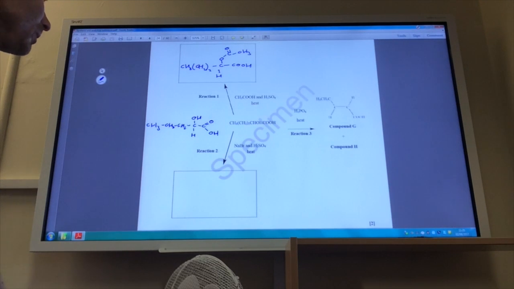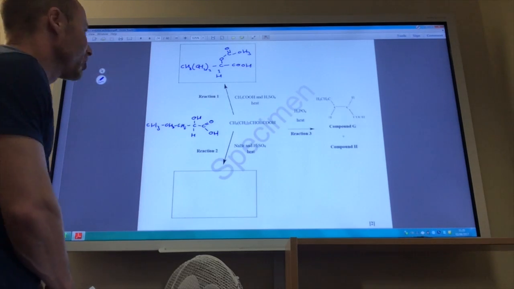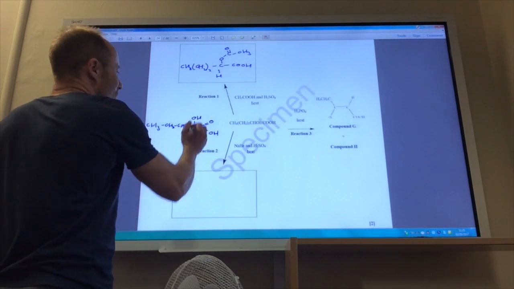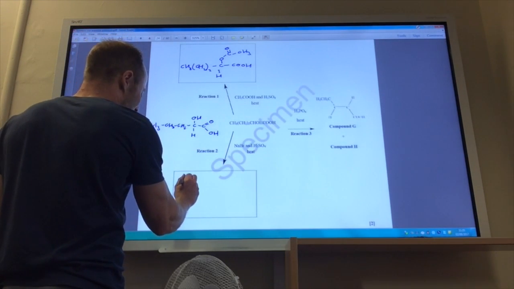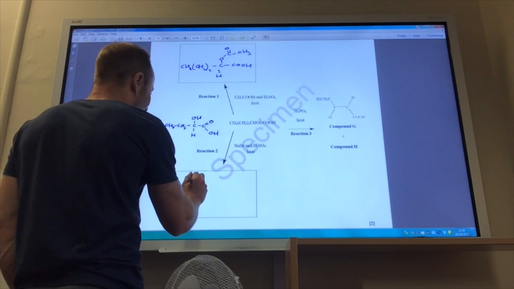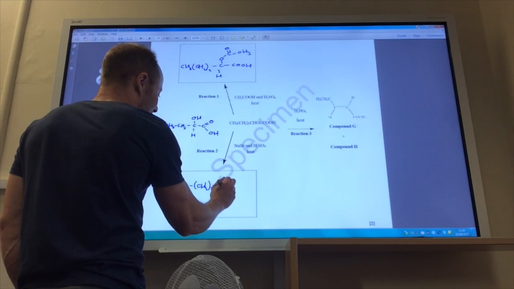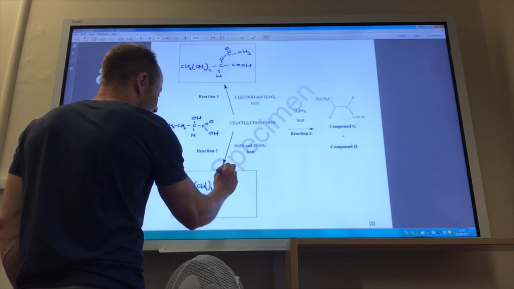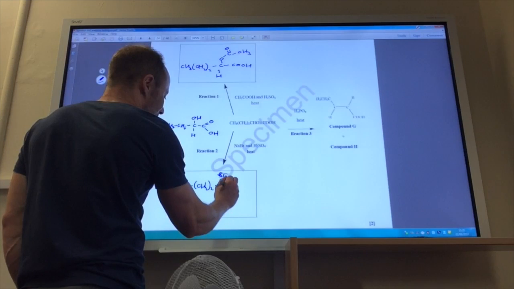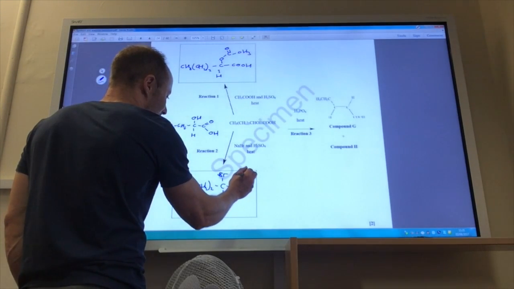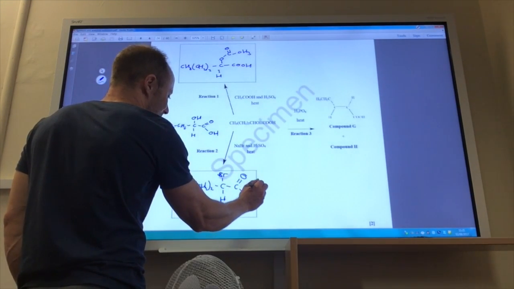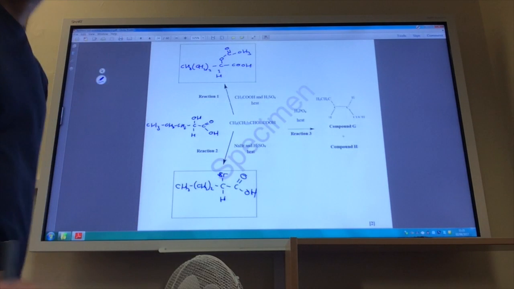For reaction 2, I am adding sodium bromide with sulfuric acid. So that is a substitution reaction in which I'm going to substitute that OH group with a bromine atom. So again, it's going to be CH3, CH2 twice, and then now, rather than an OH there, it's going to have a bromine atom like so, but the carboxylic acid remains unchanged.